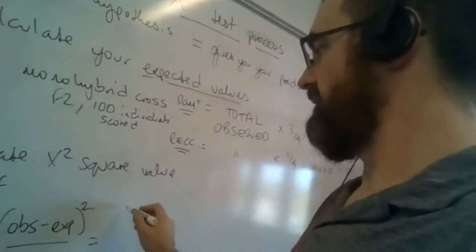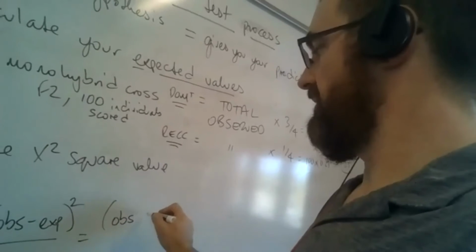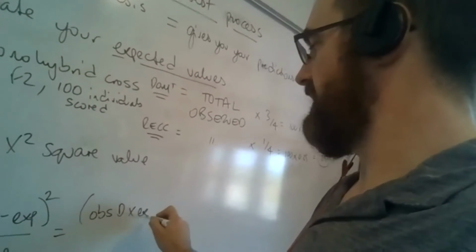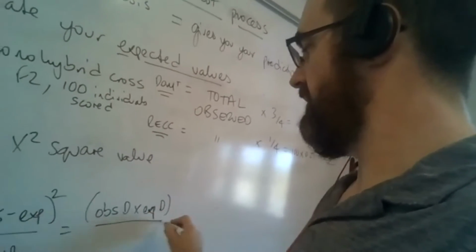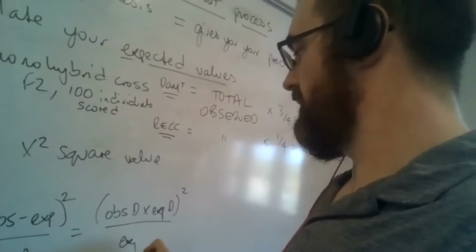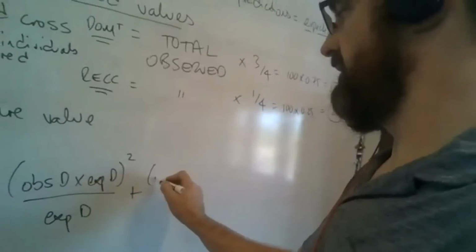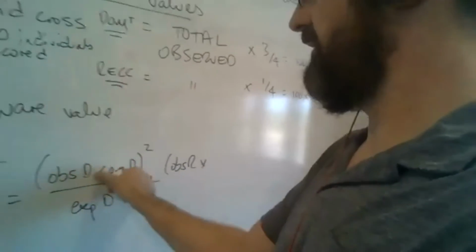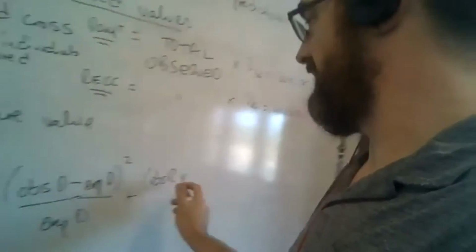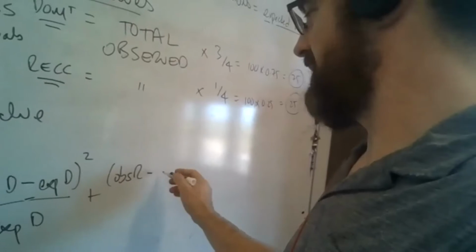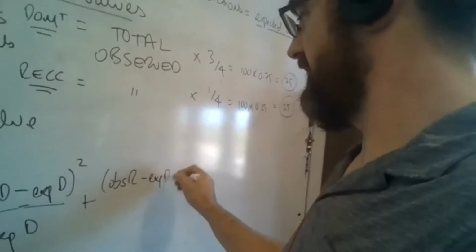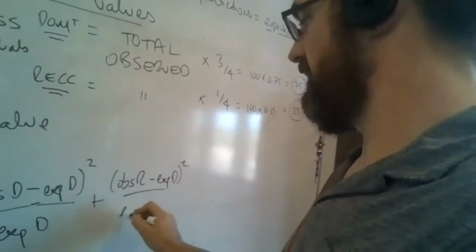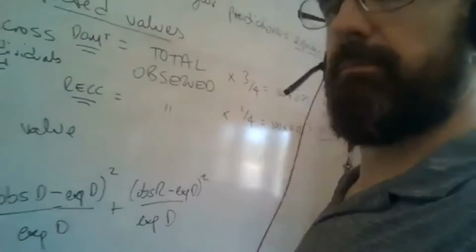Essentially, that would be observed for the dominant minus expected for the dominant squared over expected for the dominant, plus observed for the recessive minus expected squared over expected. Oops, don't copy that, I don't know what's going on in my head.